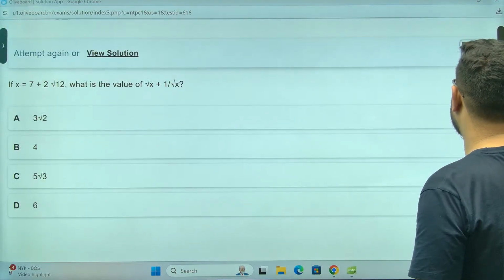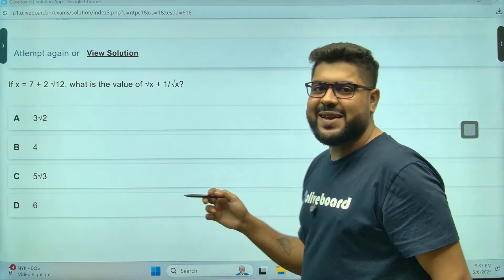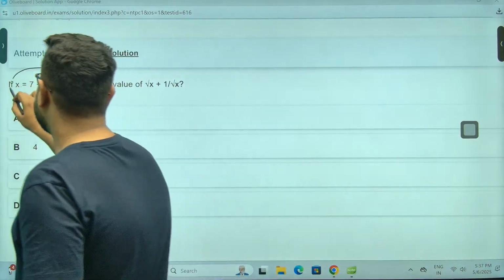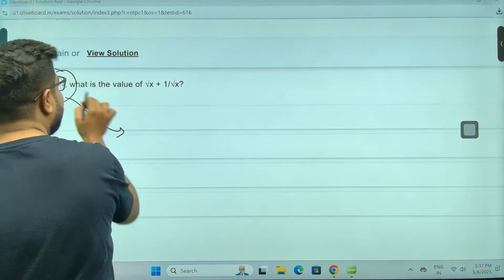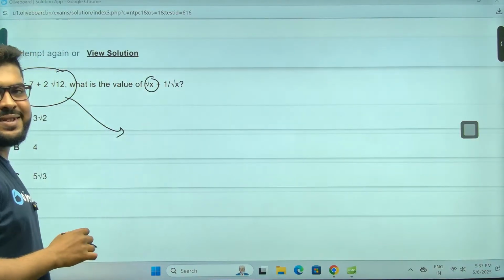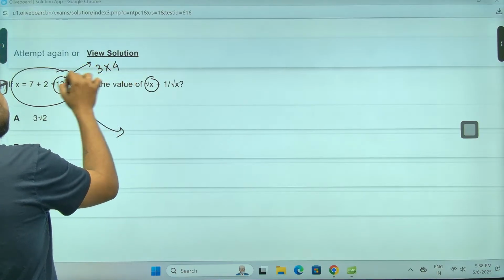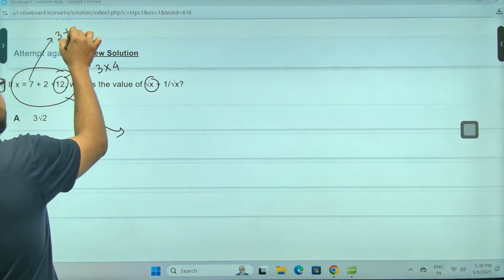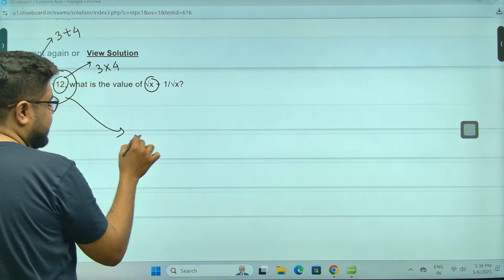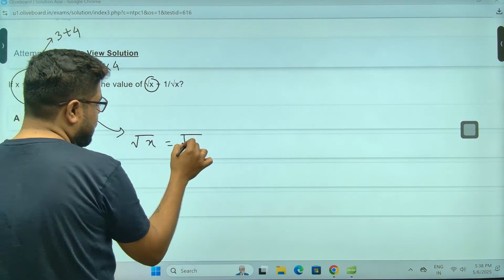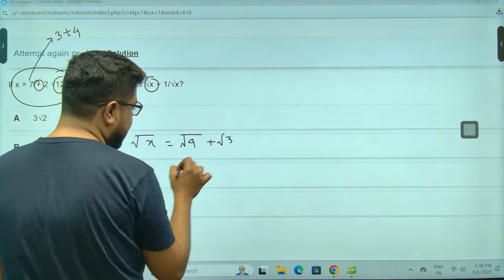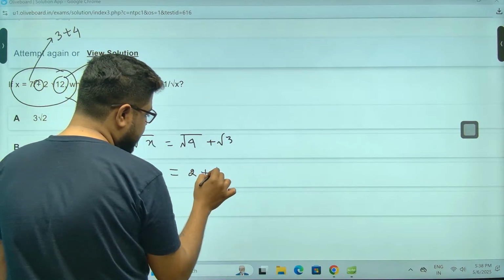Sir, just before this class, we were doing this thing, the surds. Sir, I need the square root because I need root x. Sir, 7 plus 12 is, 3 plus 4 with 3 into 4 as 12. And there is a plus. That means root x will be root 4 plus root 3, in better words, 2 plus root 3.